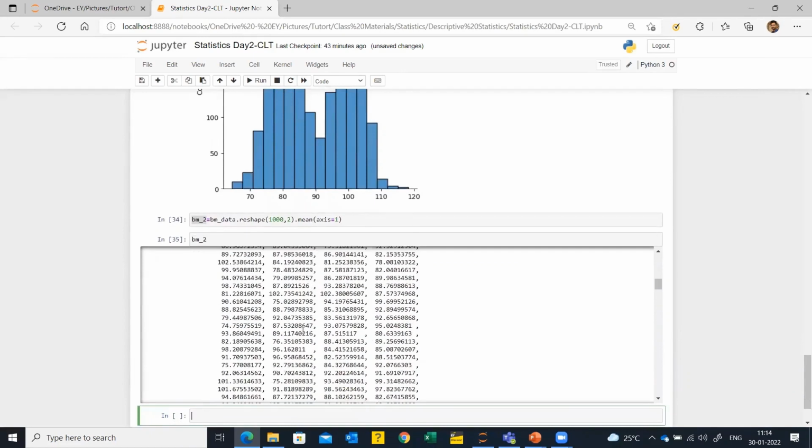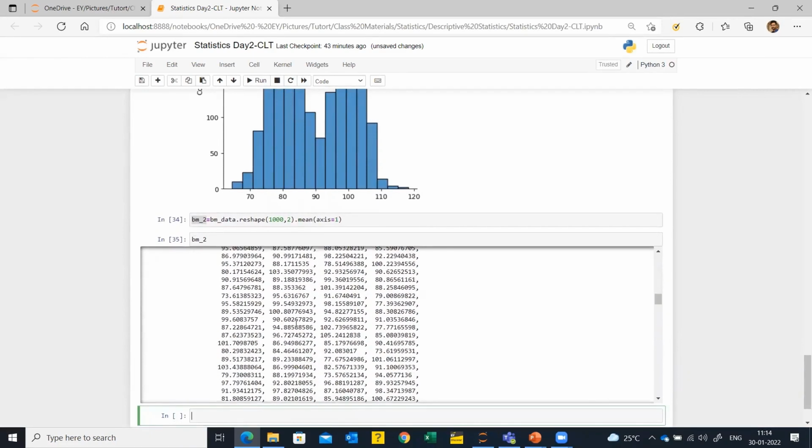Okay, so it creates a huge pool of data for you with the mean. Some means are 1080, some are 103, some are 92, right? Some are 878. So let's try to plot this, sns.distplot, bm_2.